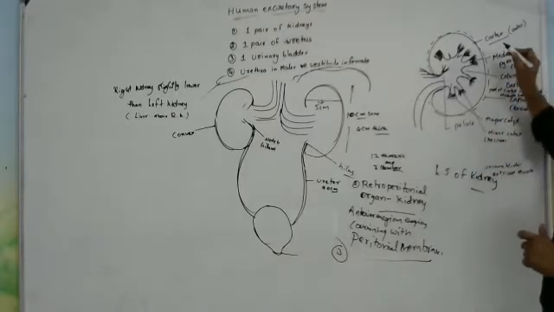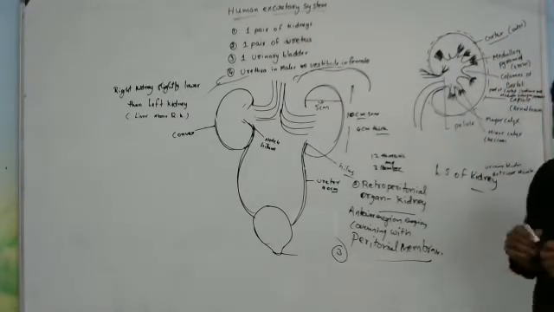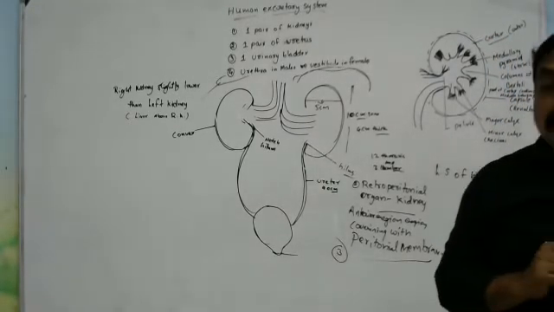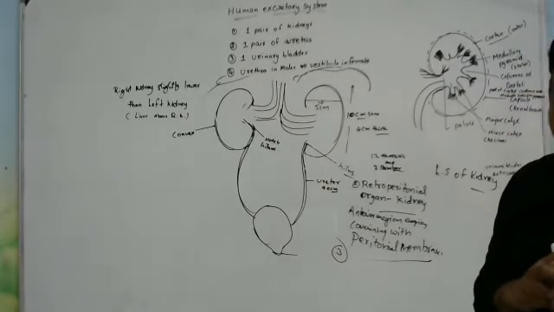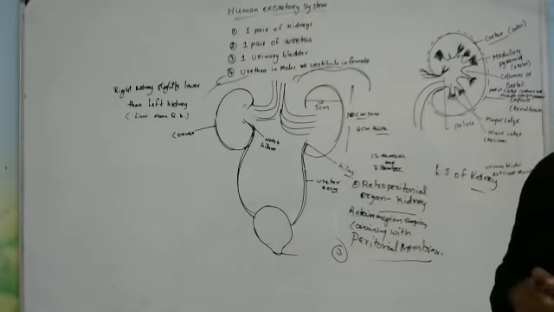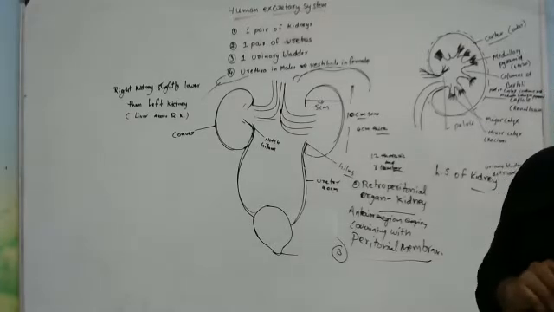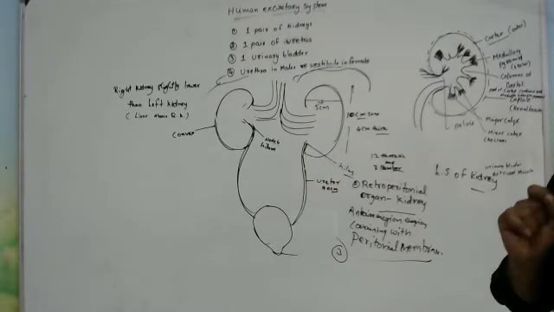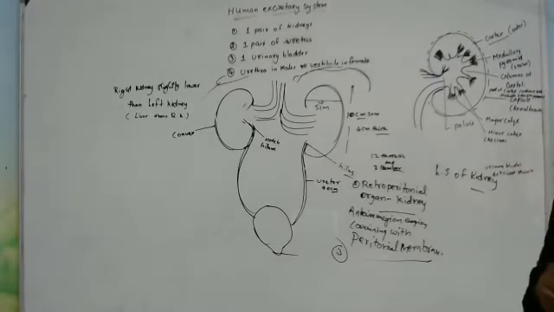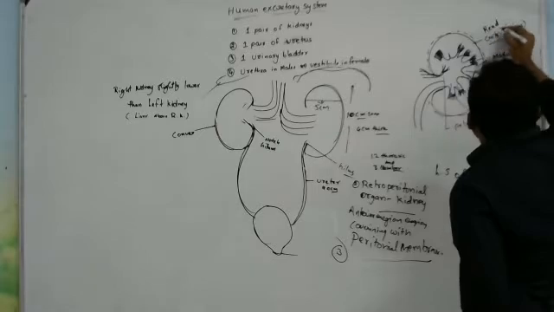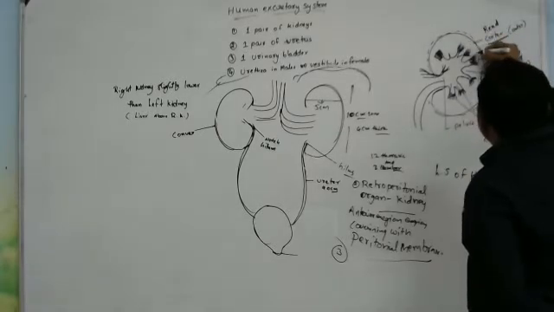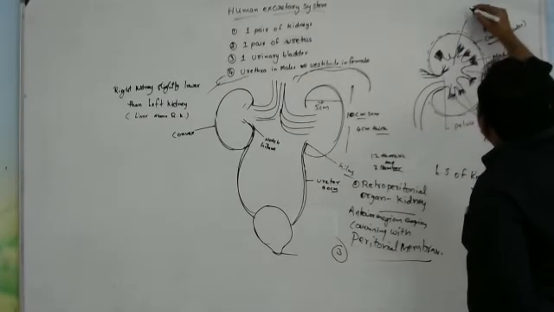The outer region we call the cortex, and the middle region we call the medulla. The cortex is a little dark in color, dark pinkish or dark red. This is the renal cortex, renal meaning kidney, the outer region, and the middle region we call the renal medulla.